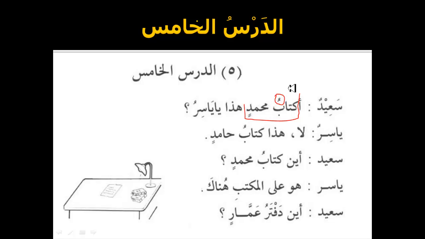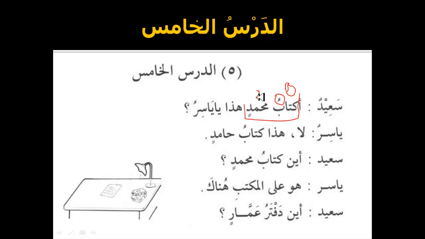So here, number 1 is called the mudaf, and this means it's joined with Muhammad here, number 2. Now, the mudaf means something that is possessed. So when we have mudaf, it is something that is possessed. It's the object of possession. In this case, a book.